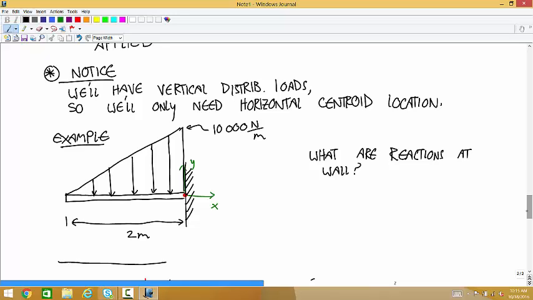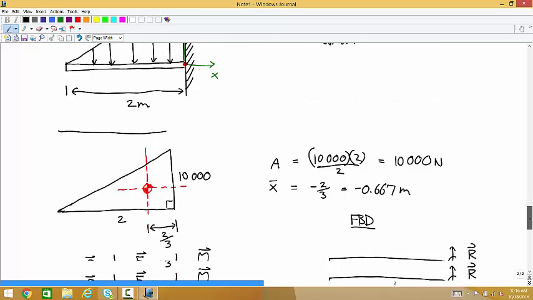Yes? We are, in this case, ignoring the beam's weight. What we're really doing is saying that the weight of the beam is negligible compared to this big distributed load, so we're just leaving it out. If you were given it, then you would put it in just the way you do in other problems.